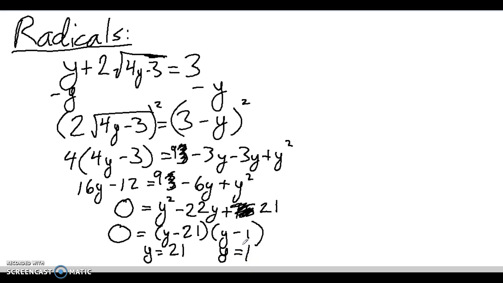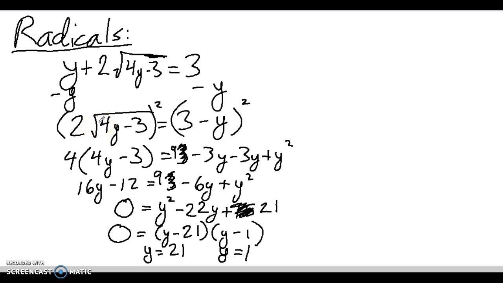But here's a problem. We squared this radical. Now imagine that all we had in here was a 4. Imagine this y minus 3 wasn't here. Well, the square root of 4 is positive 2, and then 2 squared is 4. That makes sense.